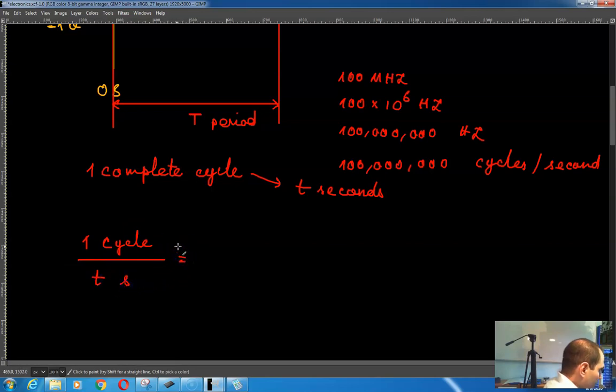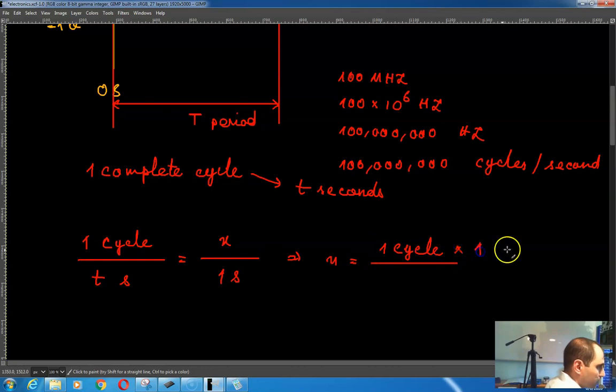And so if you want to calculate how many cycles occur in 1 second, then if you cross multiply here, you'll get x is equal to one cycle times 1 second, divided by t seconds, and the seconds cancel out.